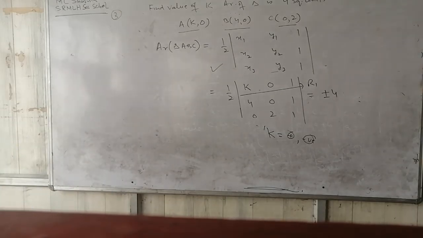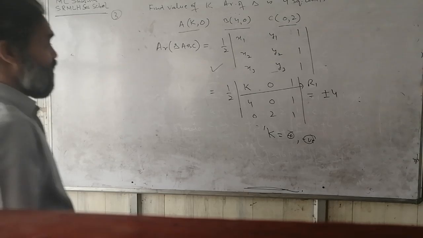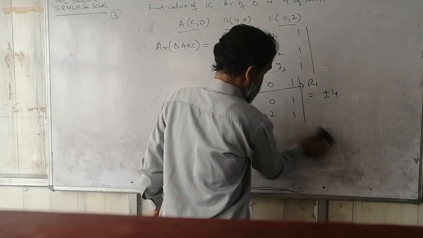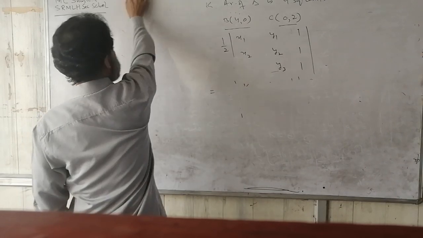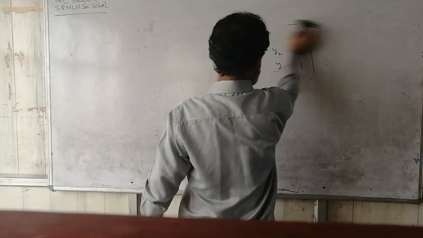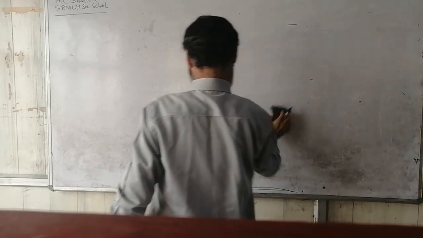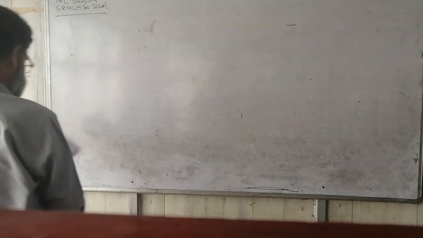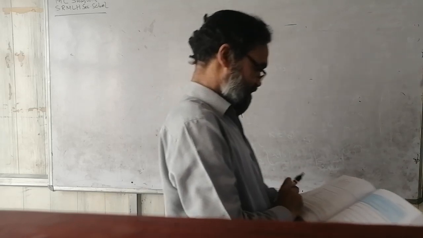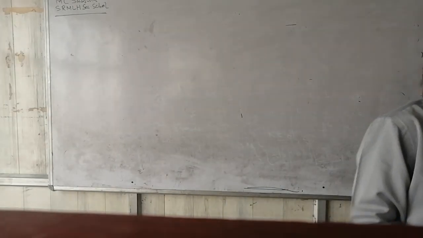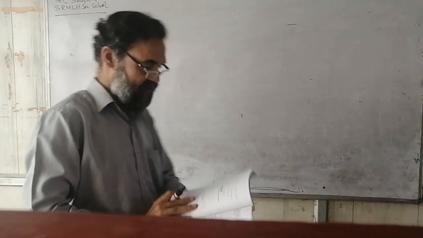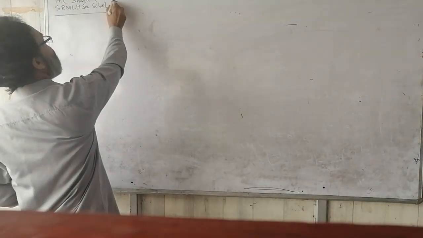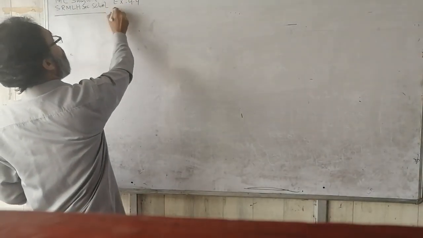After this, your next topic is minor and cofactor of a determinant. This is also a small exercise, and this exercise is having only 4 questions. Exercise 4.4.